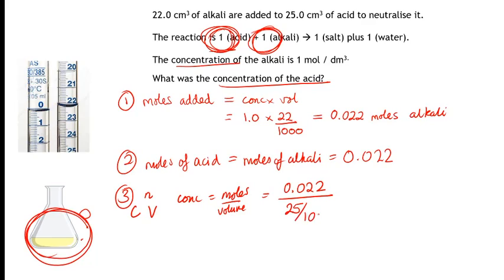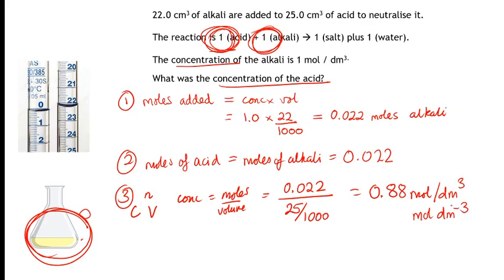And there's our friendly conversion factor again. So 0.022 divided by brackets 25 divided by 1000, and we get 0.88 moles per decimetre cubed, or if you're doing A-level, moles dm to the -3.